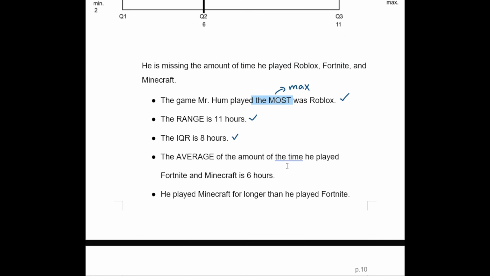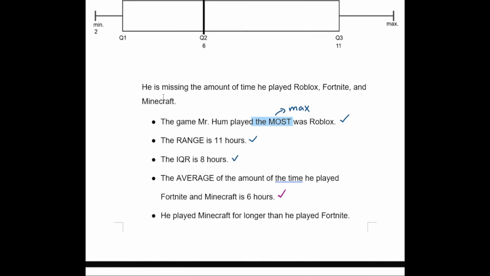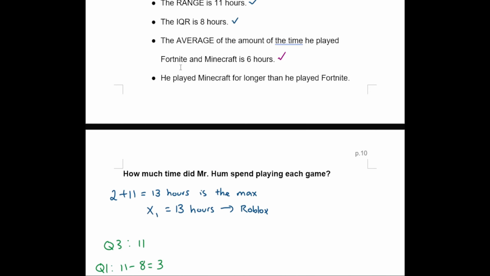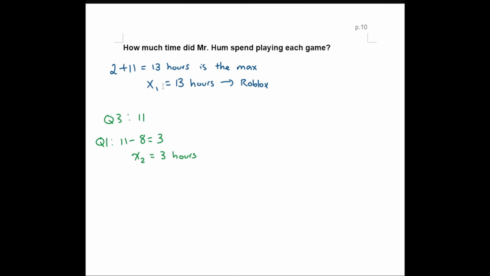The average of the amount of time he played Fortnite and Minecraft is 6 hours. So like I said before, if you take those two times, add them together and divide by 2, you will get 6 hours, okay? But we don't know one of those times, but we do know that one of them is 3 hours. We know one of these, Fortnite and Minecraft, is 3 hours. The last one, we'll call that x3, okay?